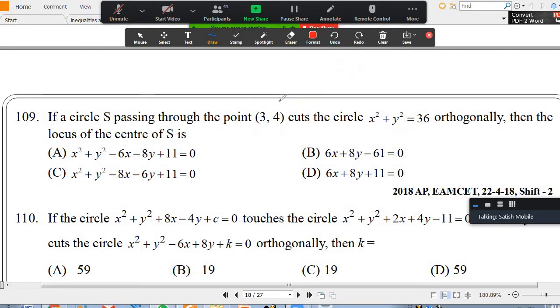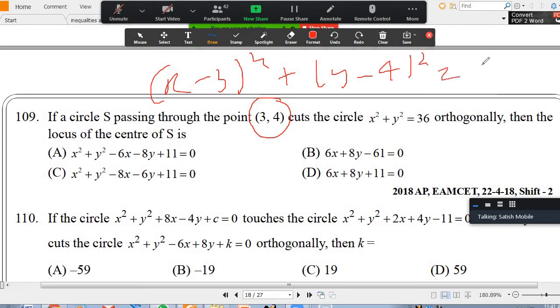Without all that, another way, what I'm telling just now, is to take 3, 4 as a point circle. It will be x minus 3 whole square plus y minus 4 whole square equal to 0. That is one circle. That and this circle, subtract directly, and you will get the line. Is it okay? 109?